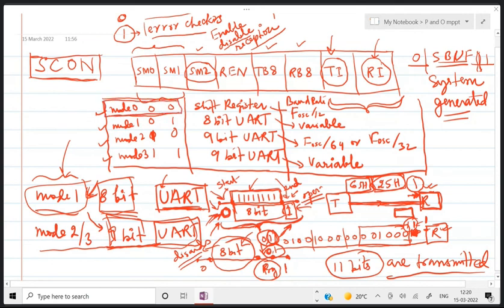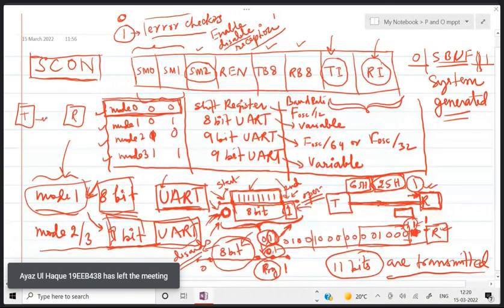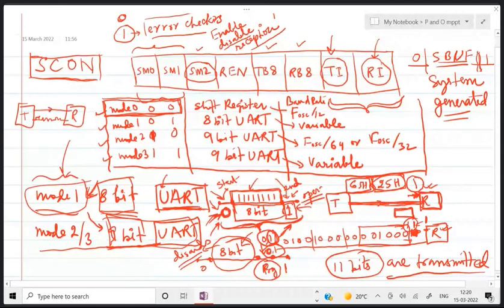Mode 0 is the synchronous serial communication of 8051, wherein the transmitter and receiver share a common clock. Since there is a common clock, you don't need the start bit and stop bit to inform the transmitter and receiver about the bits being transmitted.